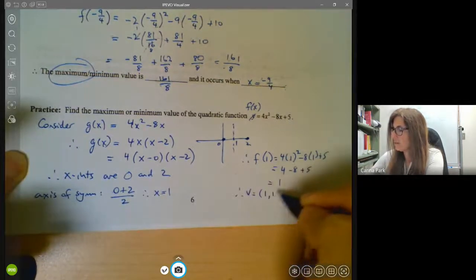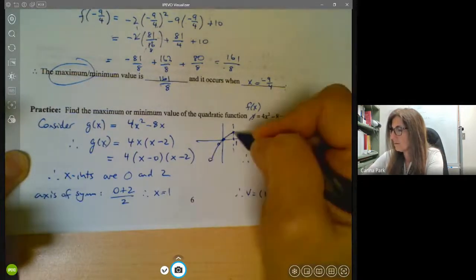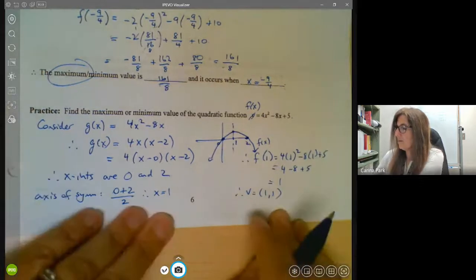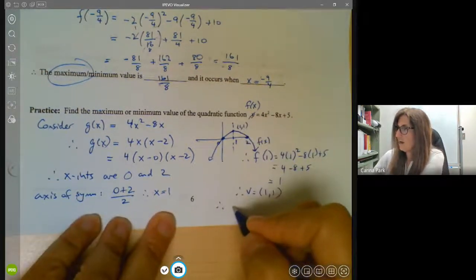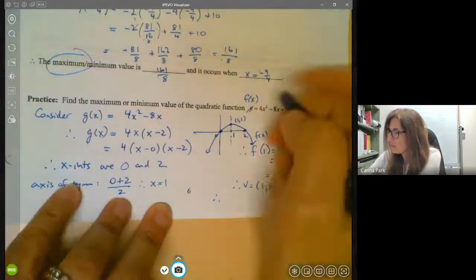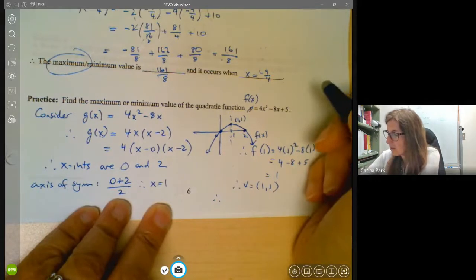Therefore, the vertex of f is 1, 1. Okay, so this is 1, 1. So therefore, hold on, something happened. It should open upward. So something happened.